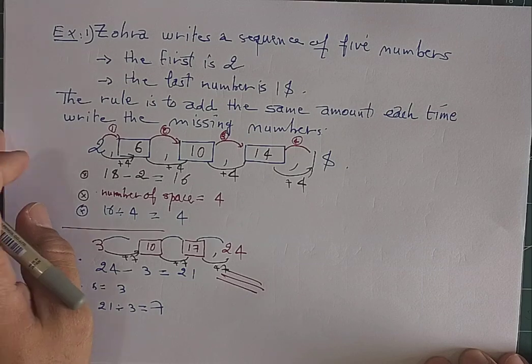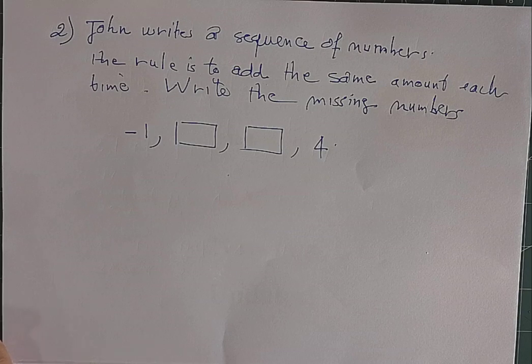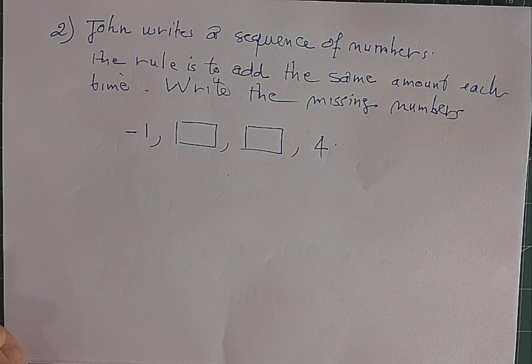Let's move to the next one, the last. John writes a sequence of numbers. The rule is to add the same amount each time. Write the missing numbers. I do the same as before.